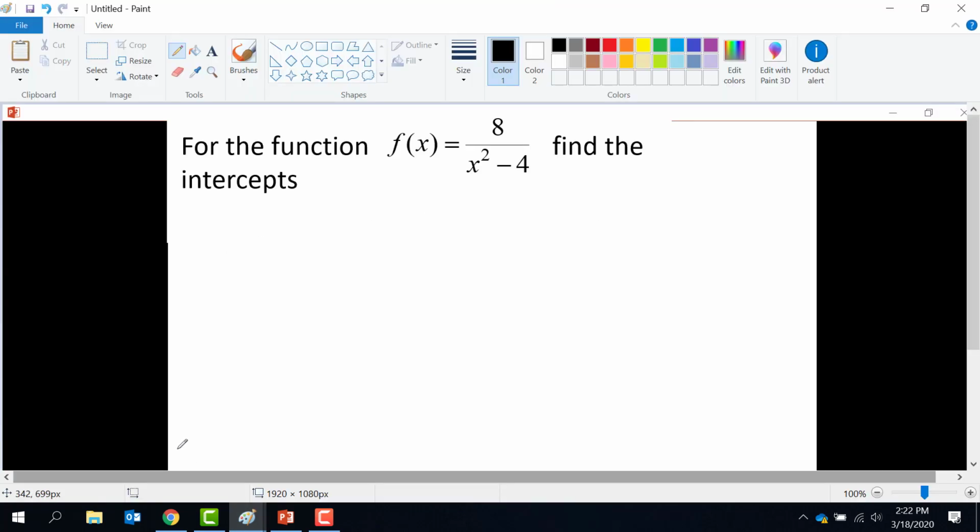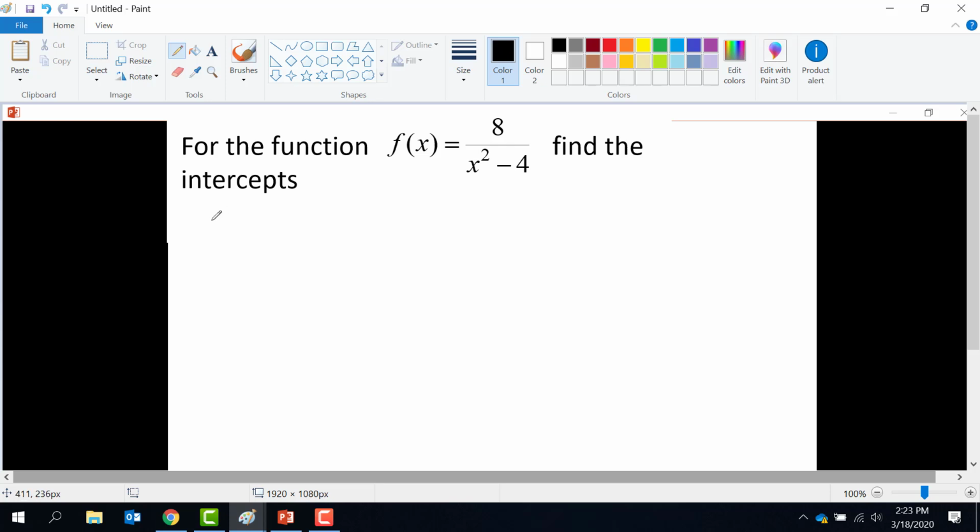So for starters, one of the points that we're usually interested in are the intercepts. There are two types of intercepts, y-intercepts and x-intercepts. As long as 0 is in the domain of your function, all functions, whether they be rational or otherwise, will have a y-intercept, and it's very easy to find.